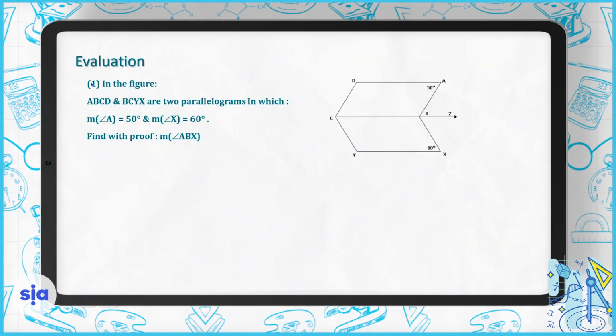Let's now go to the evaluation part. In the figure at right, ABCD and BCYX are two parallelograms in which the measure of angle A is 50 degrees and the measure of angle X is 60 degrees. The question wants me to find the measure of angle ABX. Since ABCD is a parallelogram, therefore the measure of angle A equals the measure of angle ABZ, which is 50 degrees because they are alternate interior angles.